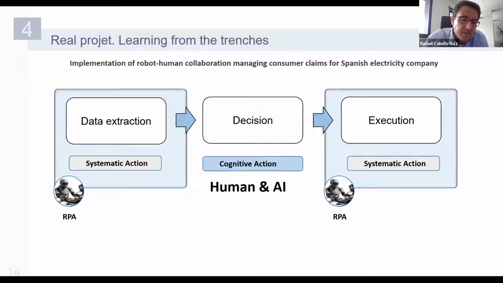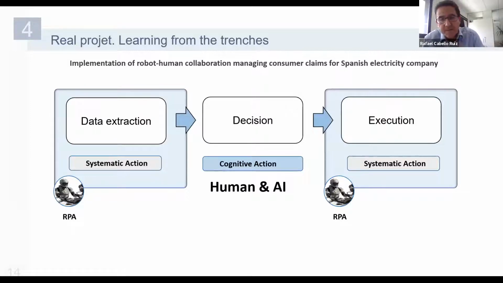We have a farm of more than 20 robots extracting data from a CRM, a Salesforce, and a commercial system, and the control room provides the data for the human to make the cognitive action to say, hey, this claim is okay, or we should get the money back to the client, and another farm of robots executes the decision.